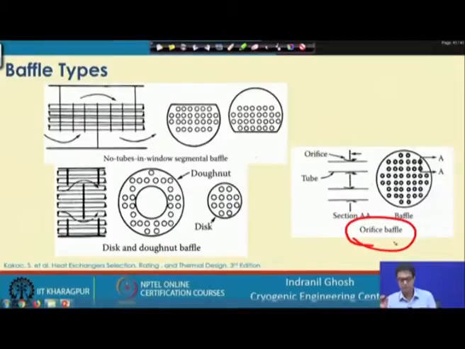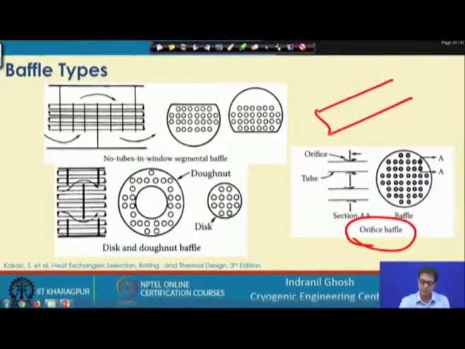This is called the orifice baffle, where we will find that the tubes are fitted like this. This is a tube and we have the baffle like this. So, if the baffle is like this, what will happen? The fluid will be flowing, coming over here, and passing through this end.